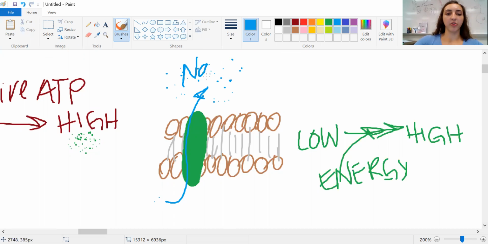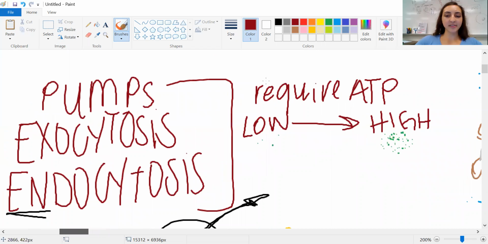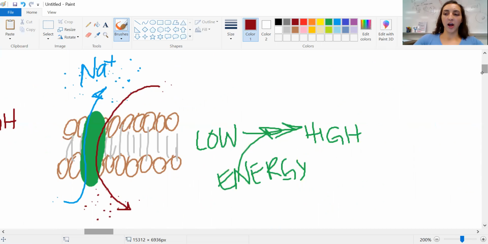That's going to be our sodium, right? Then we have potassium. That's highly concentrated on the inside, and our protein is going to bring that in, regardless if there's not that many outside, all right? So those are the three types of active transport that the cell undergoes.